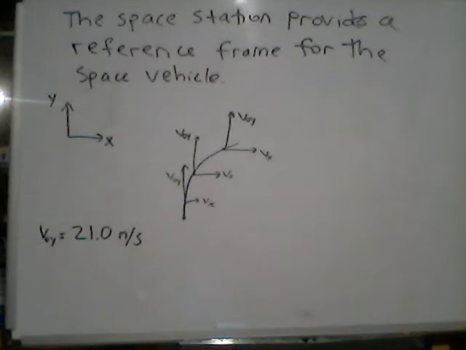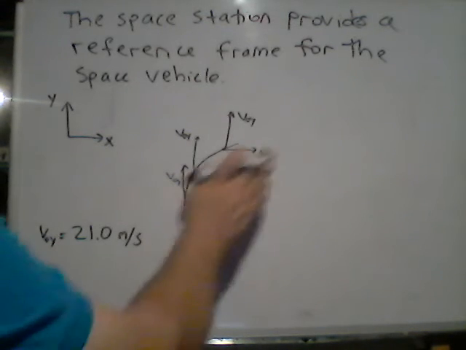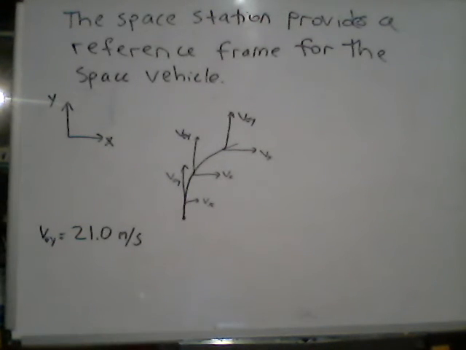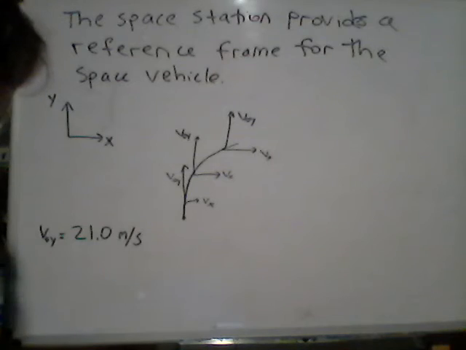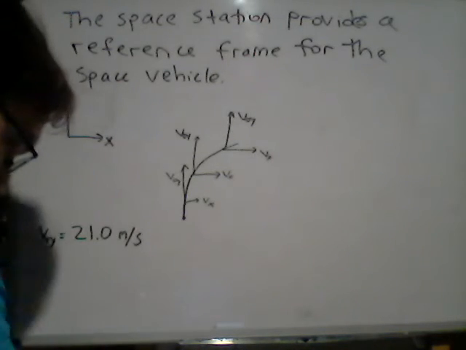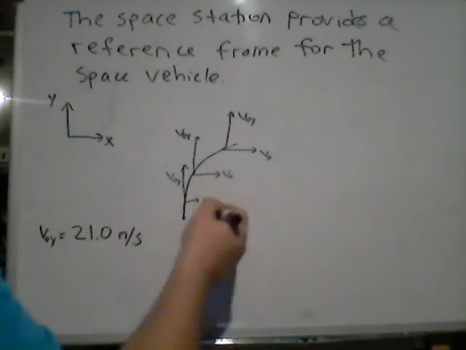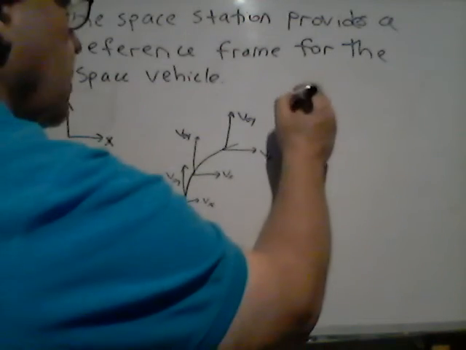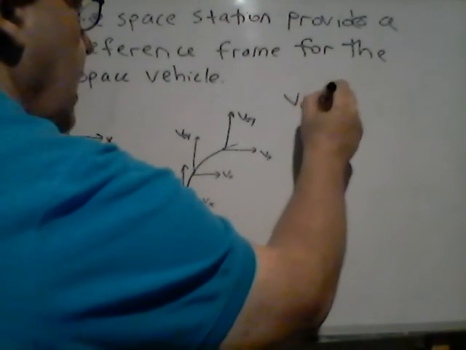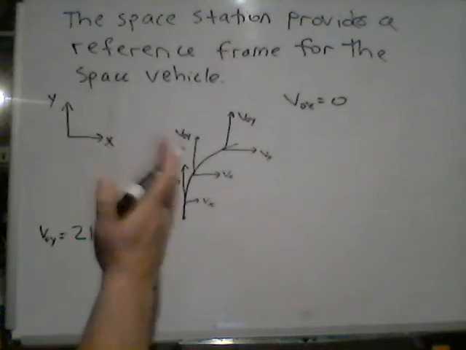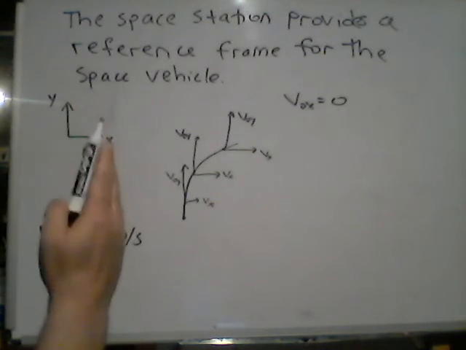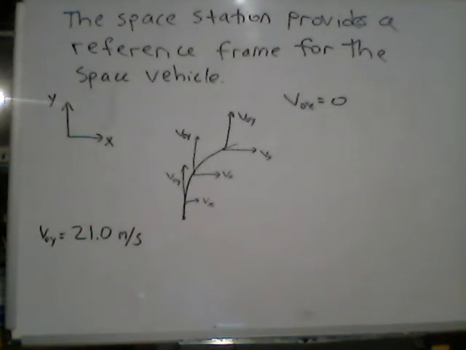All right, and so the question is, the acceleration that's going on in the x direction, we want to find out what that final velocity is. All right, and so in the x direction, we know that v naught sub x is 0 because initially the space vehicle is entirely coasting in the y direction.